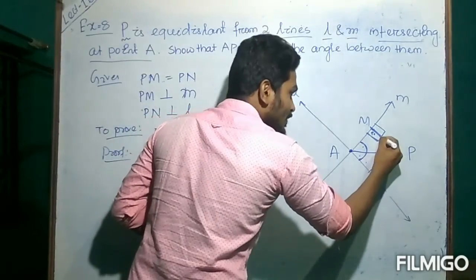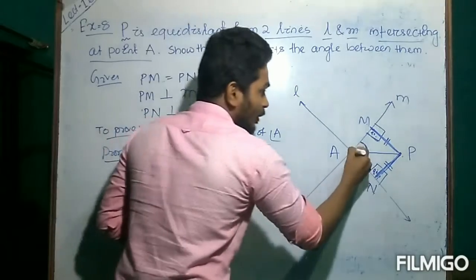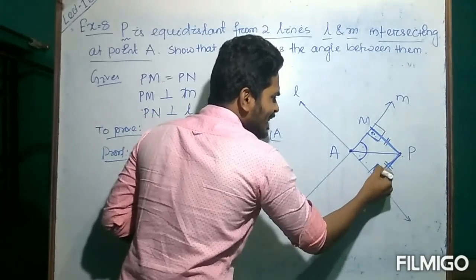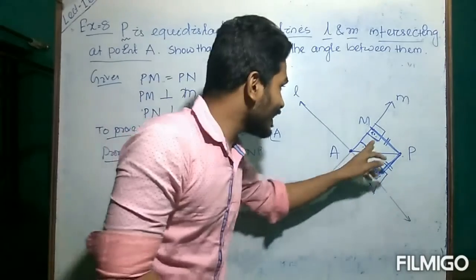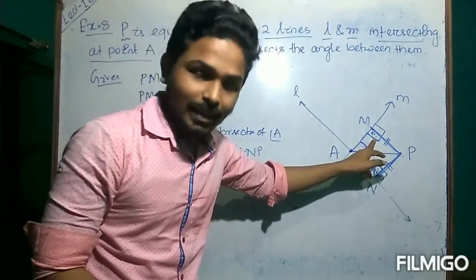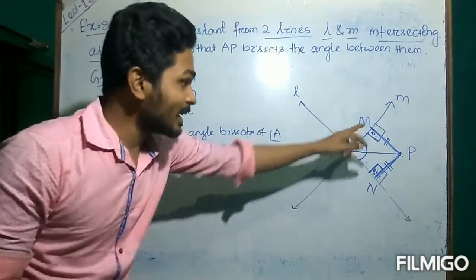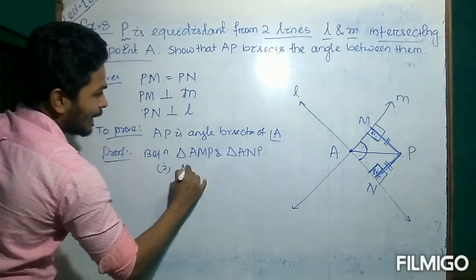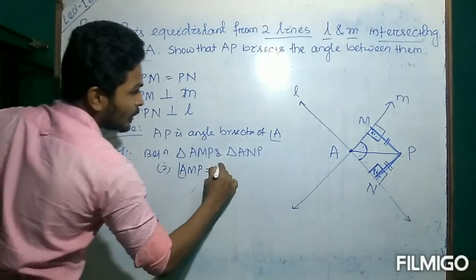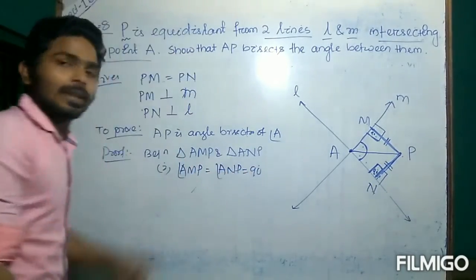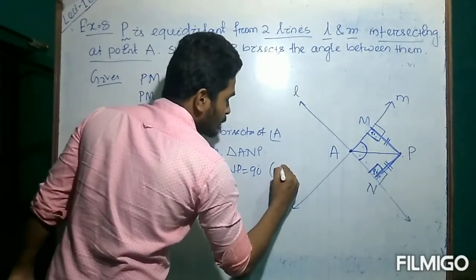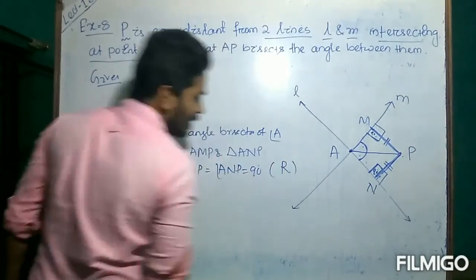This angle is how much? 90 degrees for the triangle AMP. Now this angle is how much? 90 degrees for the triangle ANP. So this angle is equal to this angle. Angle AMP is equal to angle ANP, equal to 90 degrees.